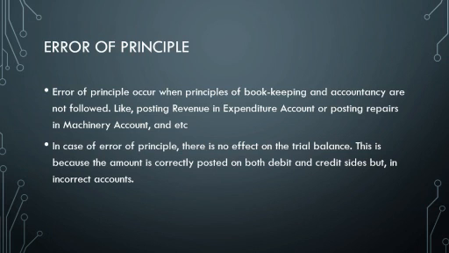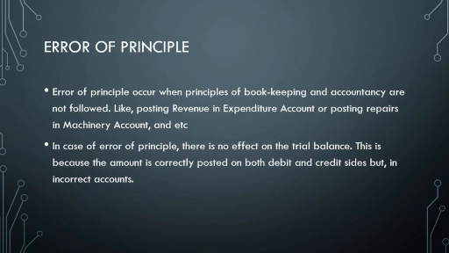Now we will discuss what is error of principal. Error of principal occurs when principles of bookkeeping, meaning GAAP rules, generally accepted accounting principles, or accountancy rules are not followed. Error of principal occurs, like posting revenue in expenditure account or posting repairs of any machinery in machinery account, and likewise.